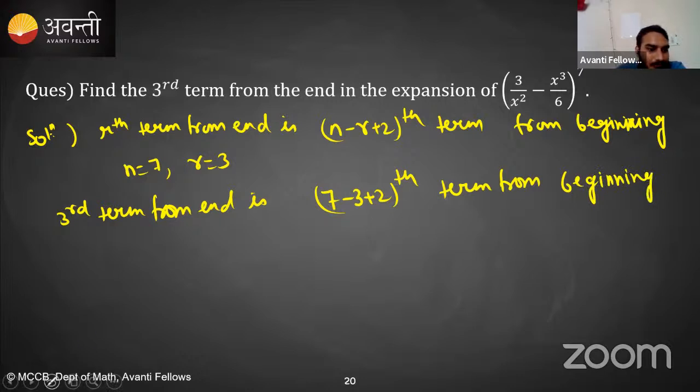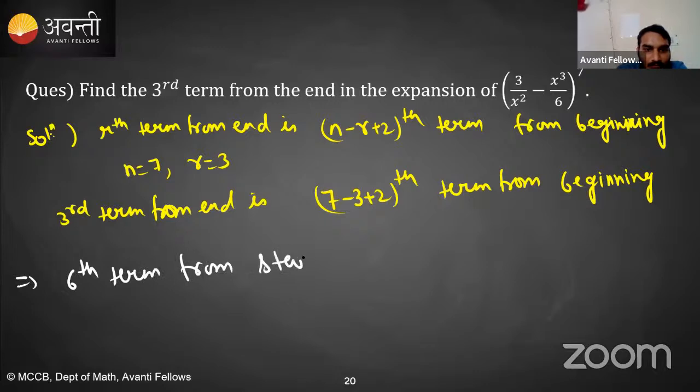Is that clear? So 7 - 3 + 2 is the 6th term from the start.